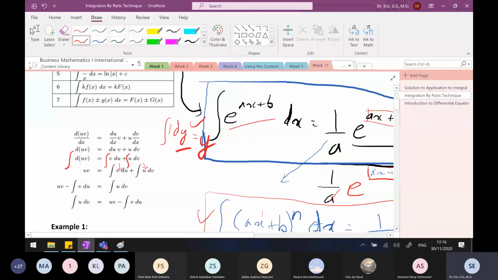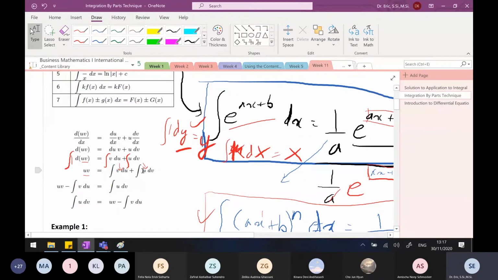What function has the derivative 1? x, but the variable is u times v, so you have uv here. So you have the integral of 1 d(uv) is uv, and you have this one.